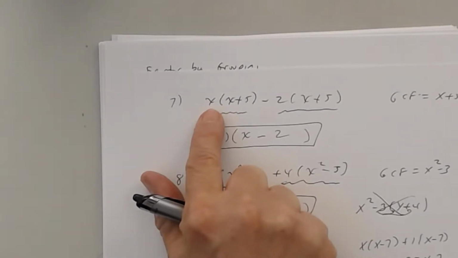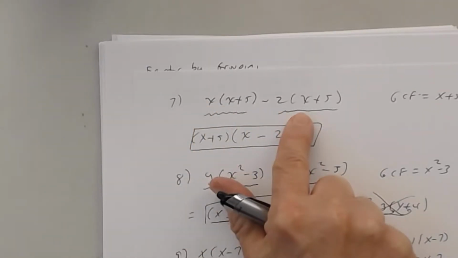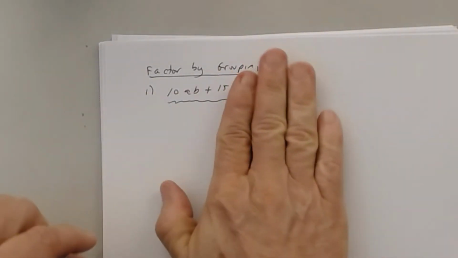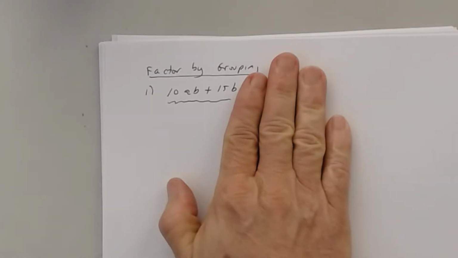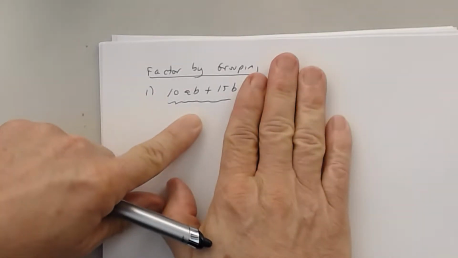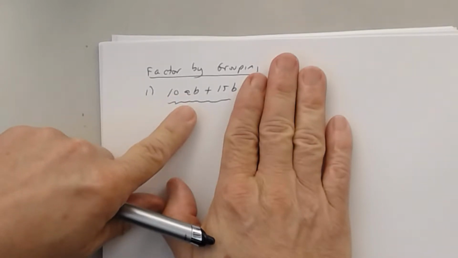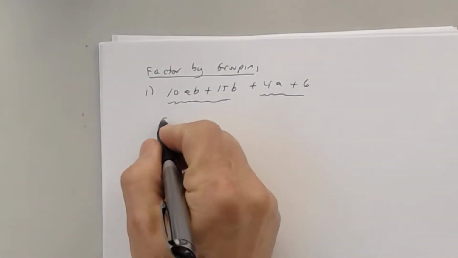But this underlined part is not written as a product, so I have to first find the GCF of this pair. What's the GCF of this pair? 5b. Very good. So I can factor out a 5b from here.